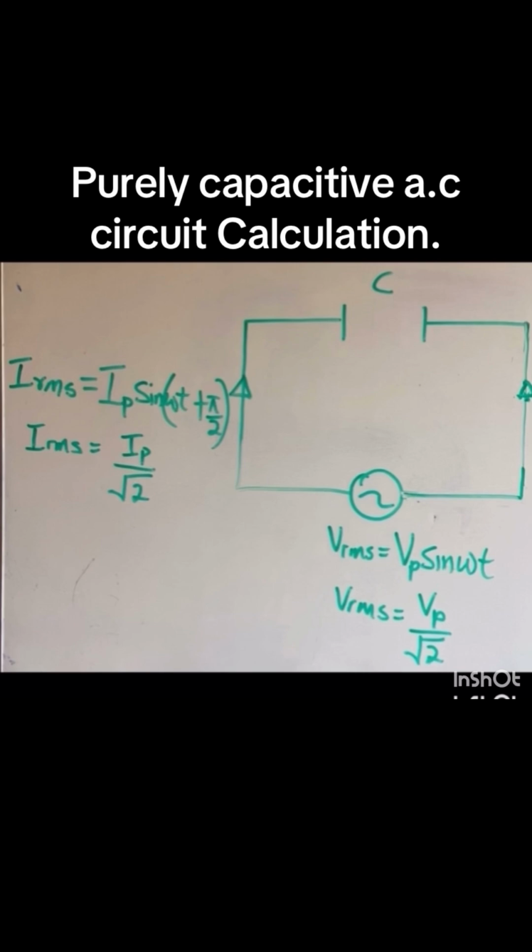Also, the root mean square value of voltage is equal to the peak value of voltage times sine omega t, where omega is the angular velocity. So when we differentiate sine omega t, we have that the root mean square value is equal to the peak voltage divided by root 2. Okay?